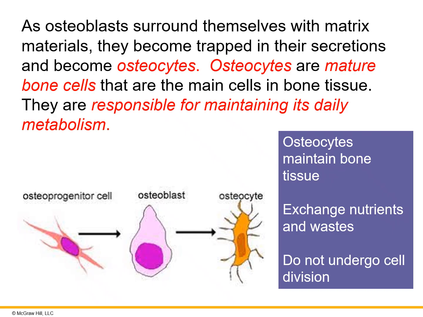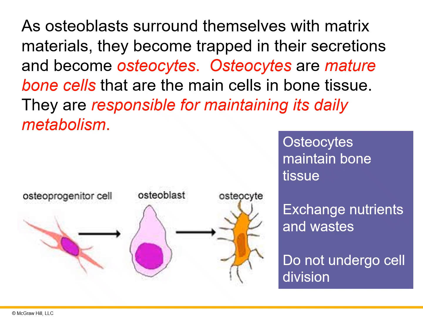As those osteoblasts build that bone matrix, they're going to surround themselves and become trapped in their own secretions. Once they do, they will differentiate and turn into an osteocyte. These osteocytes are mature bone cells that will remain in the bone tissue and maintain the metabolism of bone daily.